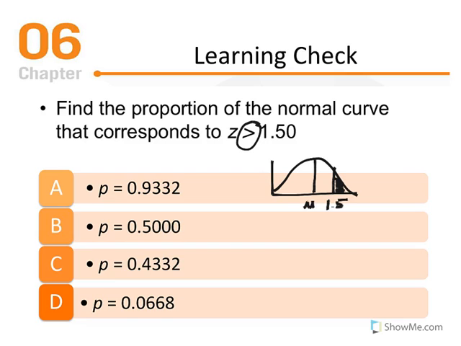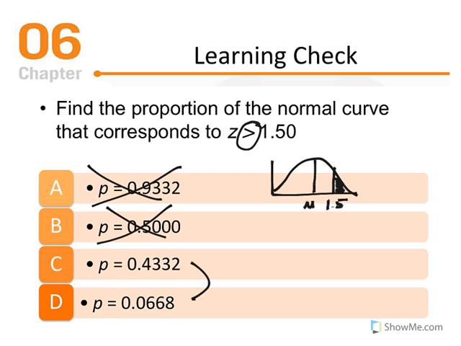Now, given that shading, which answers can I automatically eliminate? Well, this one and this one, because I know that this is a fraction of the half of the distribution above the mean. And I'm left with these two as possibilities because they're less than 0.5.